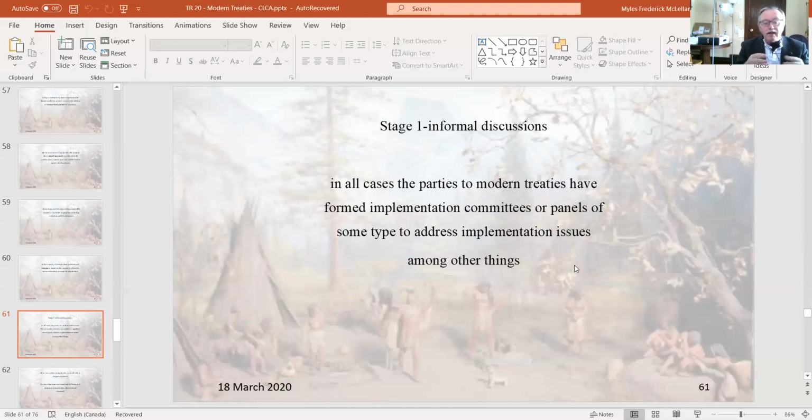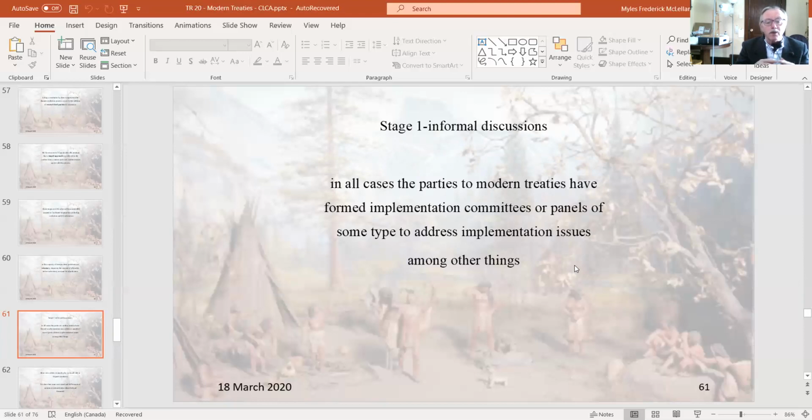Keep in mind that these dispute resolution mechanisms are not just those used for the issues in modern treaties. They are mechanisms in place for all kinds of disputes, which attempt to resolve matters without having recourse to the courts. So it's not just for modern treaties that these stages are put in place, but they certainly apply in this context. The first stage, again, is informal discussions.